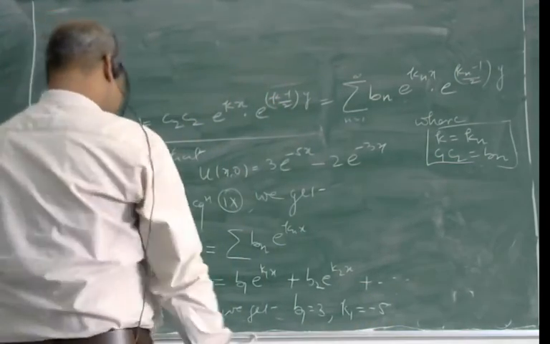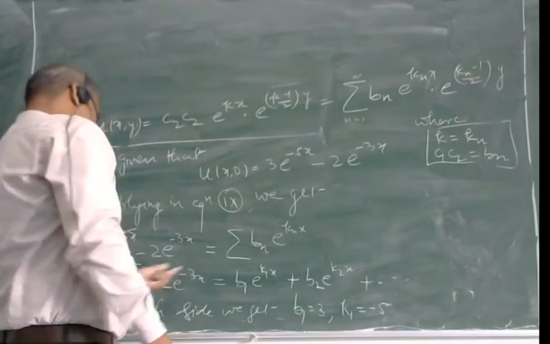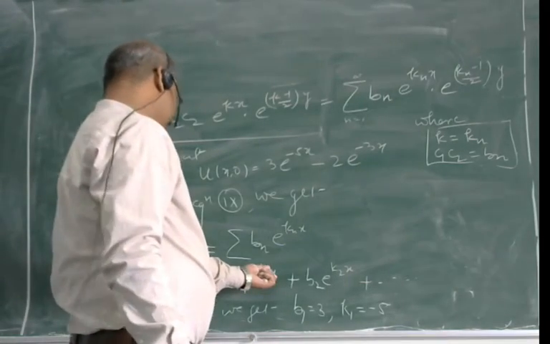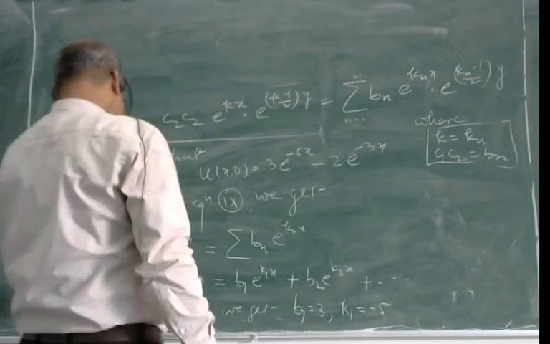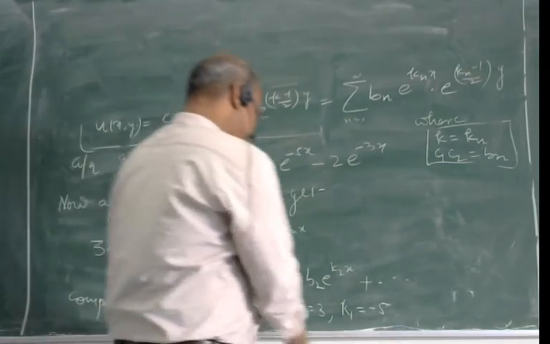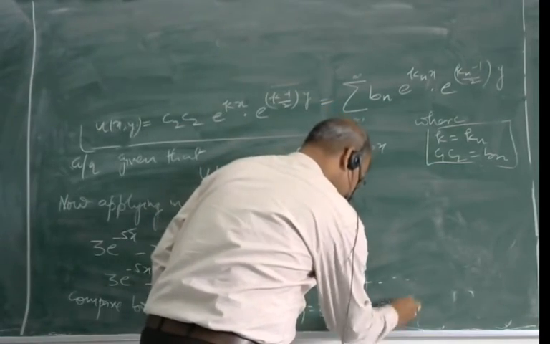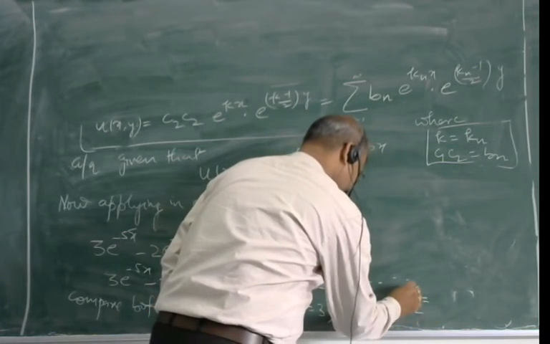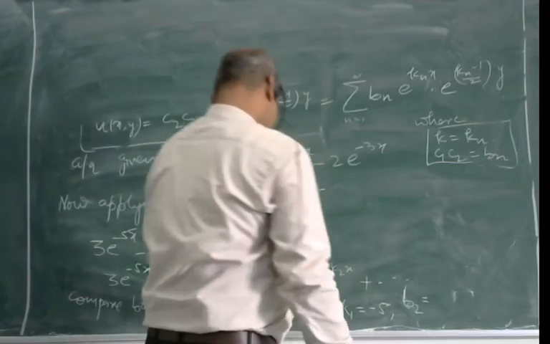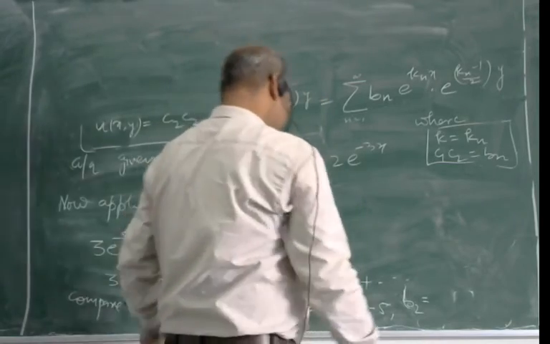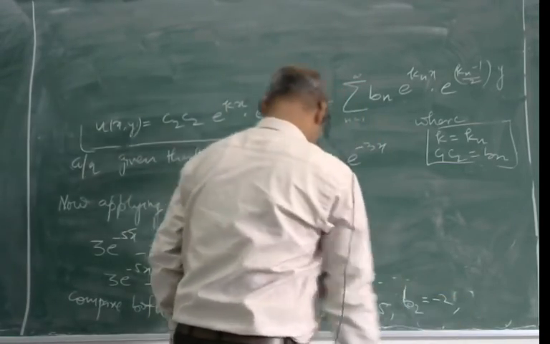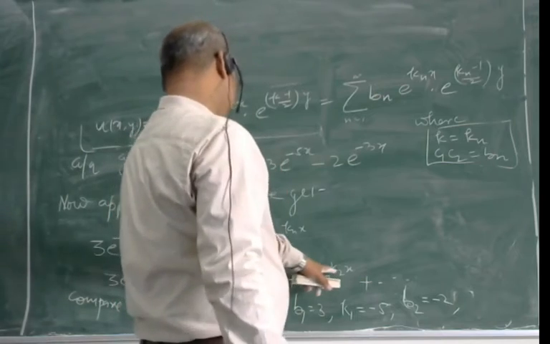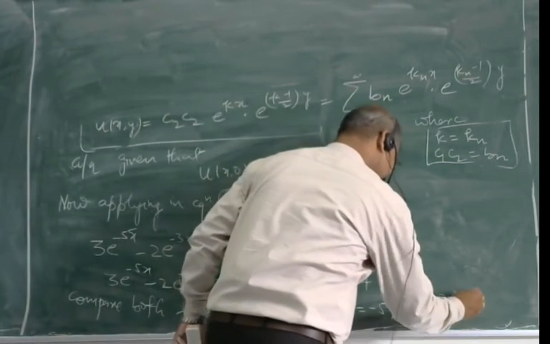So see, comparing, b1 is equal to 3 and the coefficient of x is k1, so k1 is minus 5. Again, b2 is minus 2 and k2 is minus 3.